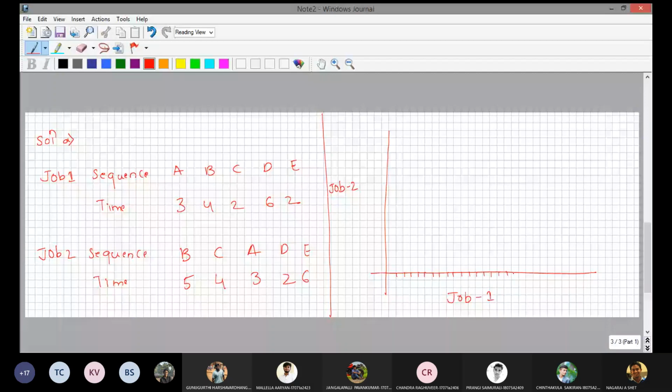Okay, you understand the process and we can solve the problems. Now in job 1 and job 2, the time taken is 4, 9, 10, 12, 14 and 20.